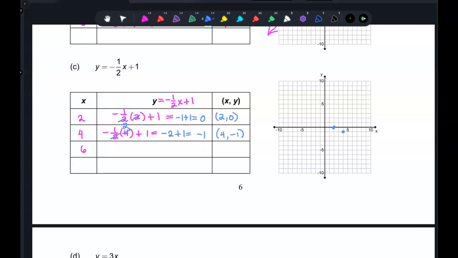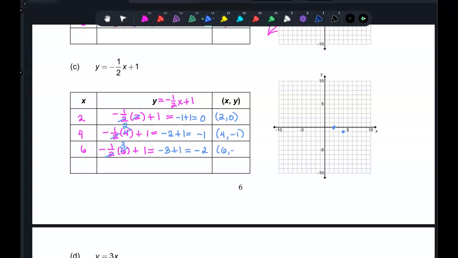And then this one will be negative 1/2 times 6 plus 1. Okay. So 2 goes into 6 3 times. So it's going to be a negative 3 plus 1. So 6, negative 2.